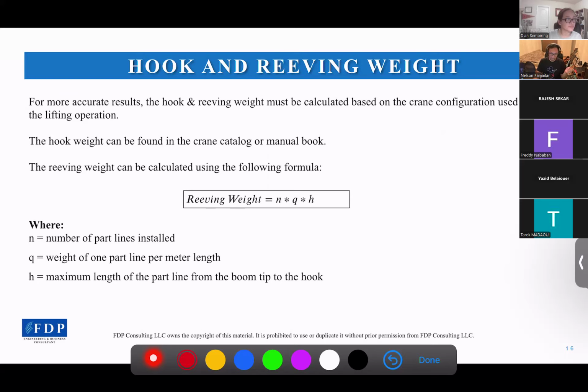So for the hook weight, we can find it from the catalog or manual book, and to calculate the reeving or part line, we can use this formula: n times q times h, where n is the number of part lines installed, q is the weight of a single part line per meter length, and h is the maximum length of part line measured from the boom tip to the hook.